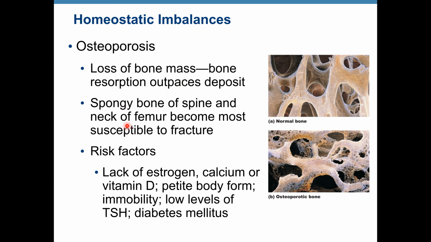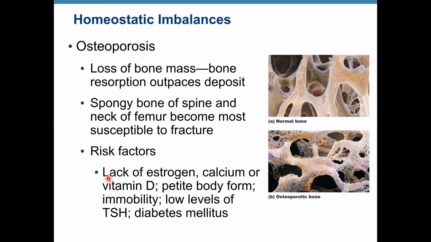Spongy bone of the spine and neck of the femur become most susceptible to fracture, and risk factors include lack of estrogen, calcium or vitamin D deficiency, petite body form, immobility, low level of TSH, the thyroid stimulating hormone, or diabetes mellitus.